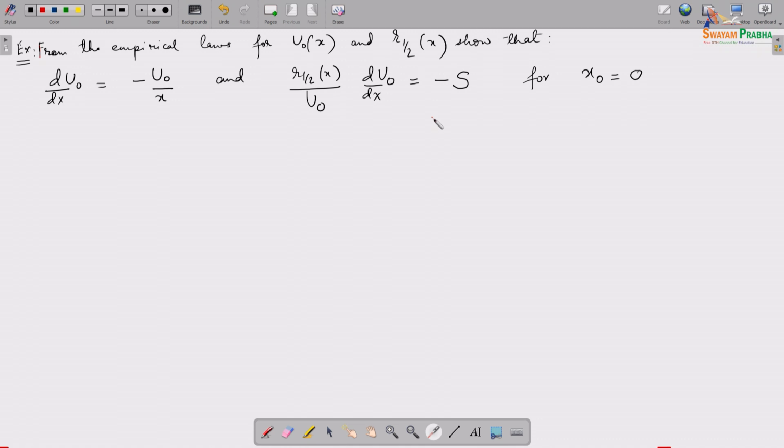How are we going to proceed with this? What is this empirical relationship that we're talking about? Let's just say we're going to have a solution for this. This is something that we've done earlier.